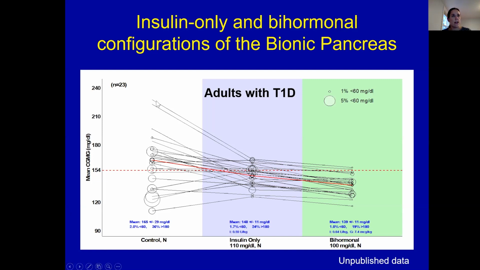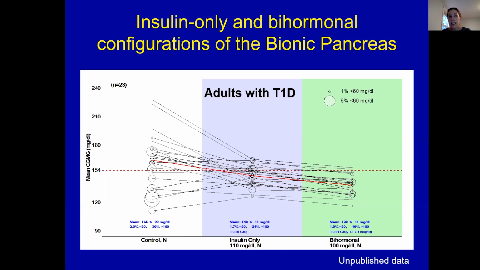These lines are the average blood sugar, and the circles are how much hypoglycemia they're having, with bigger circles meaning more hypoglycemia. And what we can see is that when these adults use the insulin-only bionic pancreas, they had improvement in their average blood sugars and hypoglycemia, with further improvement with the bihormonal device right here.